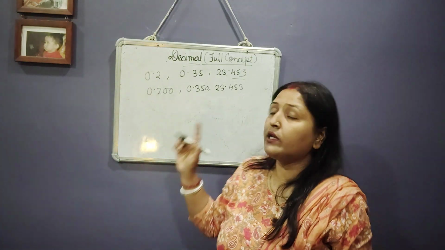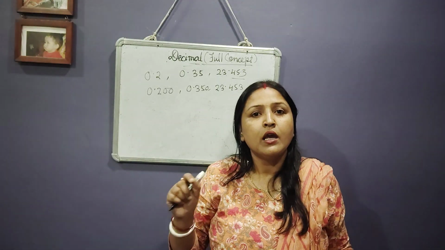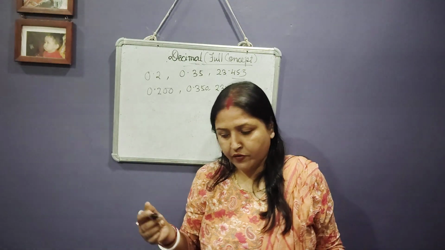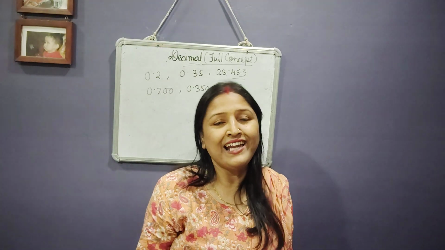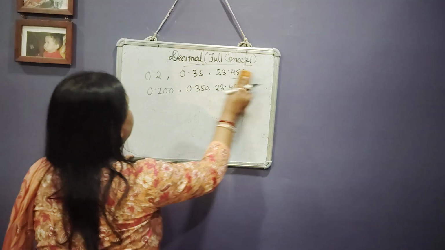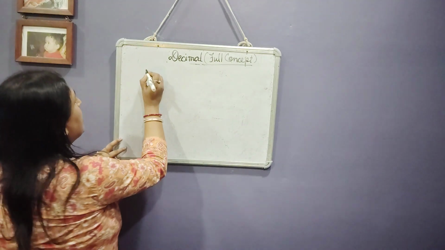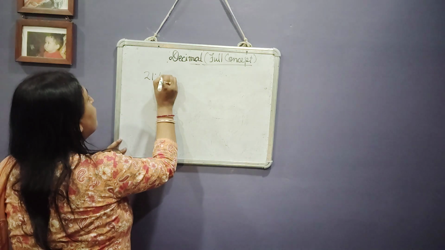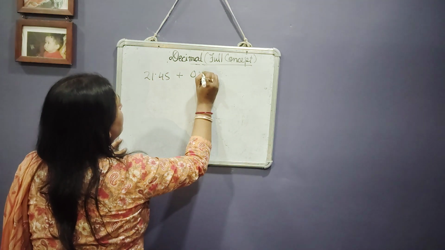Why is this important? Because when you do addition and subtraction, you can apply this concept. So students, now we will see how to add and subtract in a decimal. Say for example, one question: 22.45 plus 0.2.